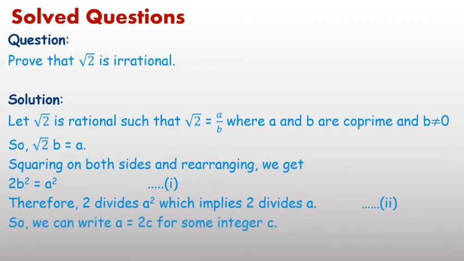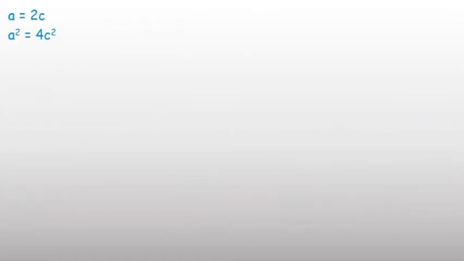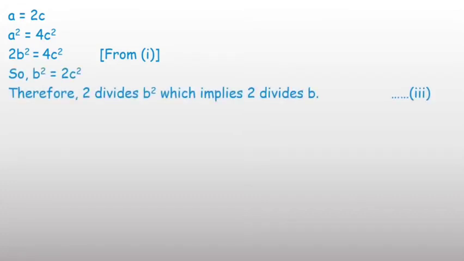If 2 divides a, it implies a equal to 2c for some integer c. If a equal to 2c, then a square equal to 4c square. Put the value of a square as 2b square from equation first, and you will get b square equal to 2c square. Again we can write 2 divides b square or 2 divides b.